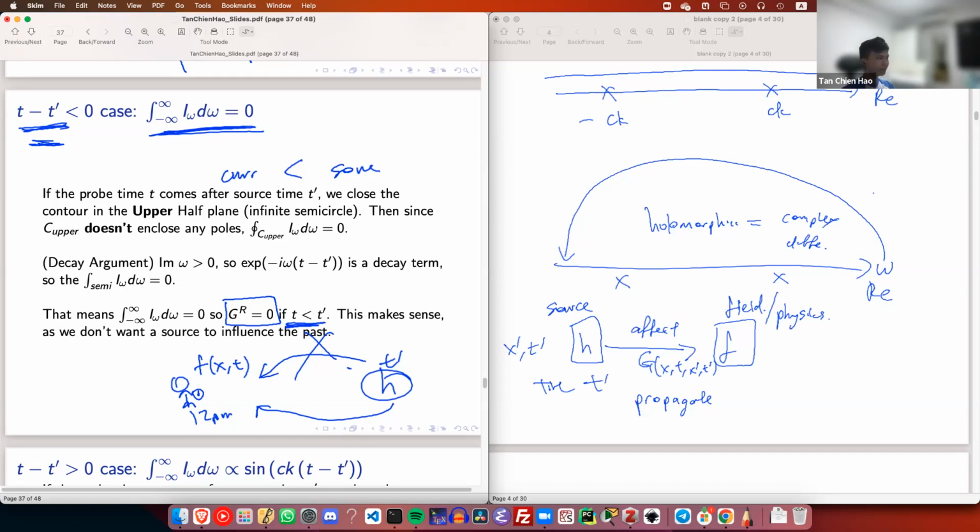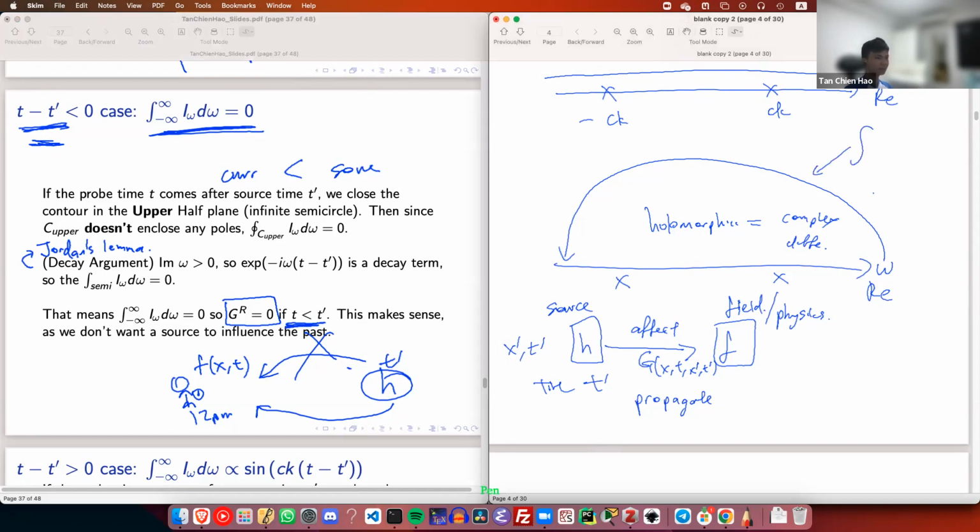And then this decay argument over here is actually made precise using Jordan's lemma. But this decay argument is a way to see more intuitively why the semicircle contour integral gives 0.